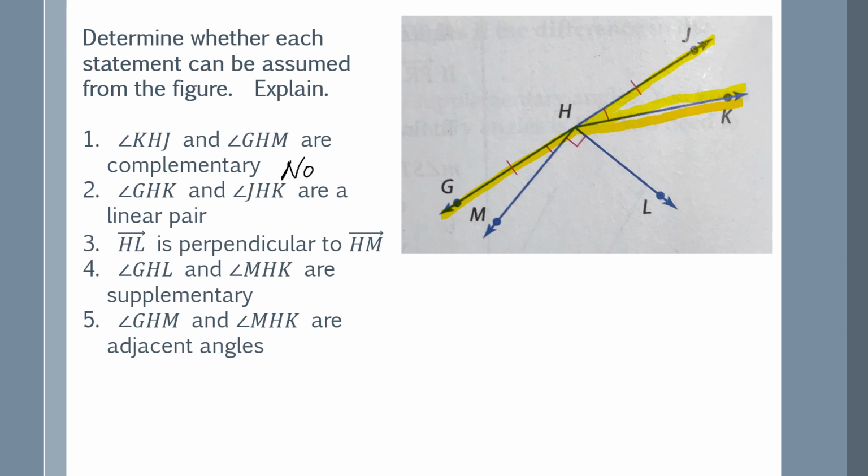Because we can look at this and we can assume from the drawing that this ray here, ray HG, is opposite to ray HJ. So this one is yes, we can assume those are a linear pair.